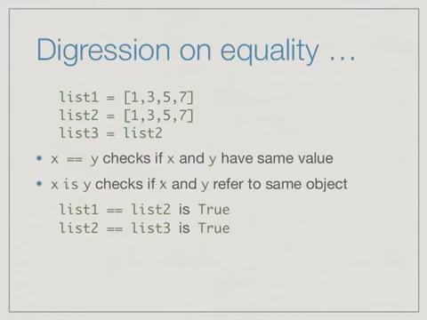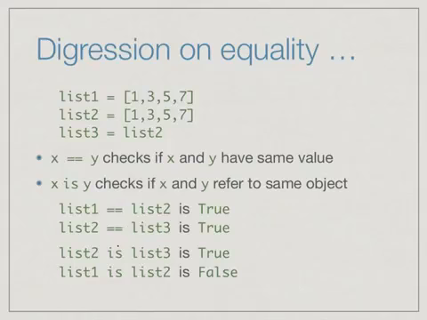So going by this description of the way equal to and is work, obviously if list2 and list3 are the same object, they must always be equal. So if x is y, then x will always be equal to y because they are actually pointing to the same thing. But in this case, although list1 and list2 are possibly different lists, they are still equal because the value is the same.